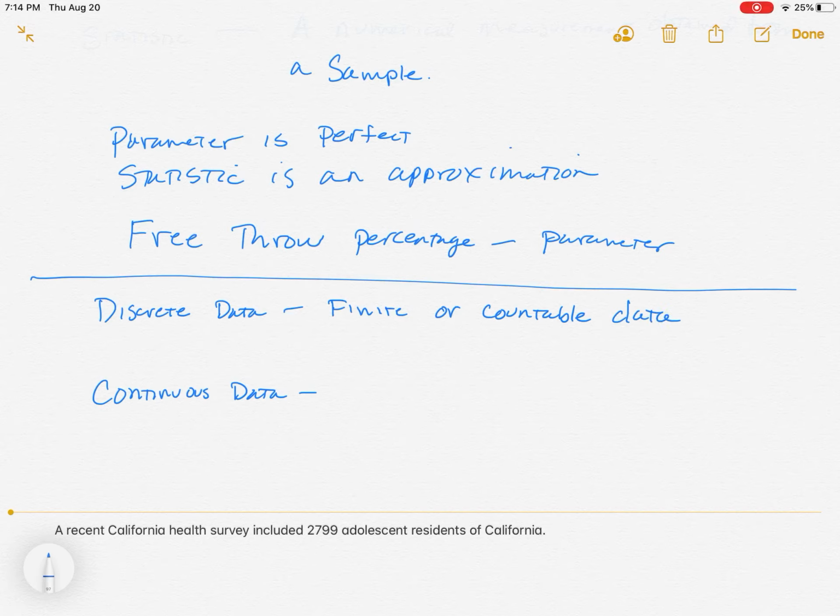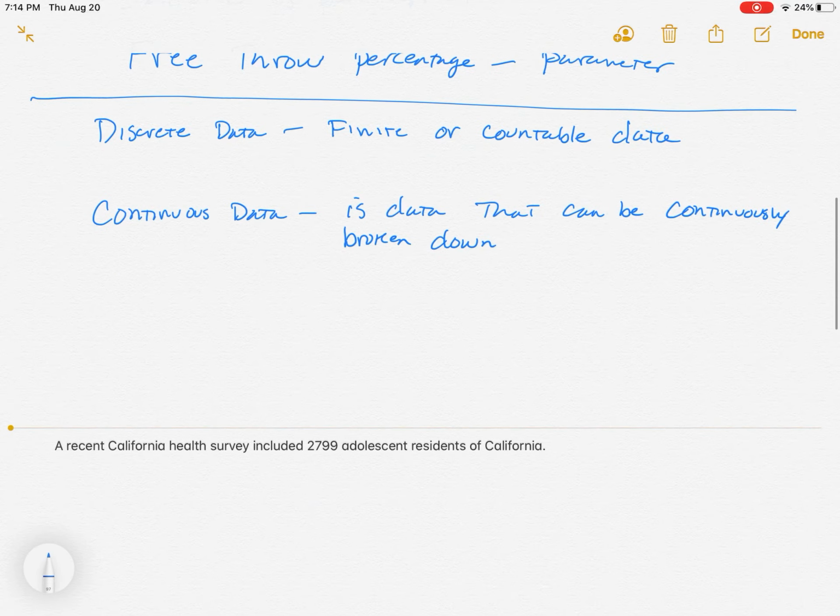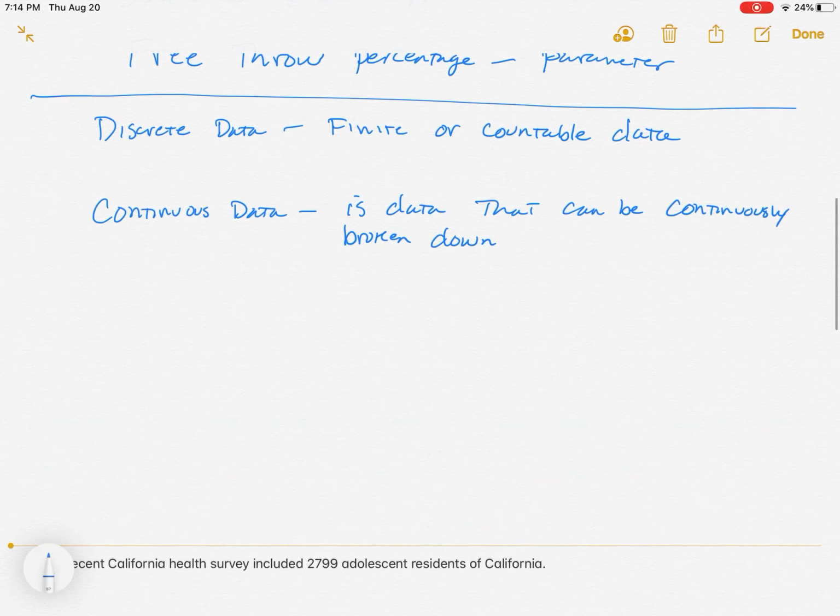And I guess I got to be a little bit more careful than that. And so we'll describe it along the way. Continuous data is data that can be continuously broken down. And let me give you some examples of those. I'll push these other examples down a little bit farther.